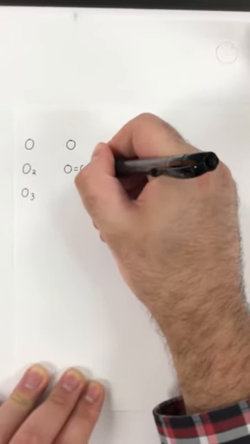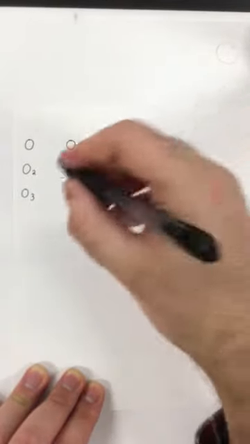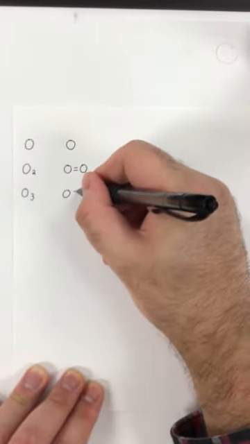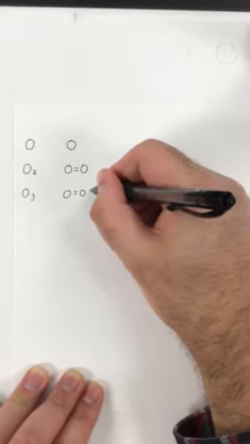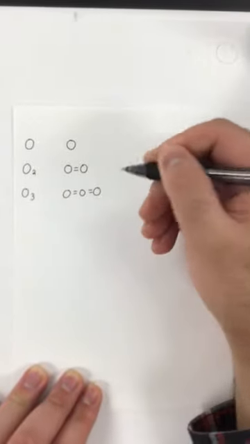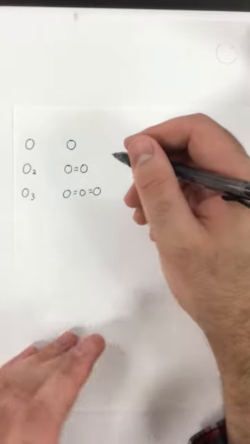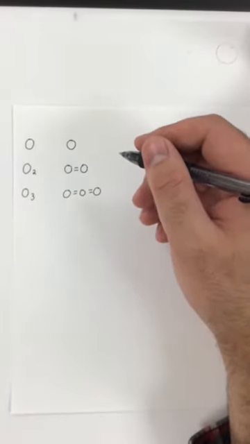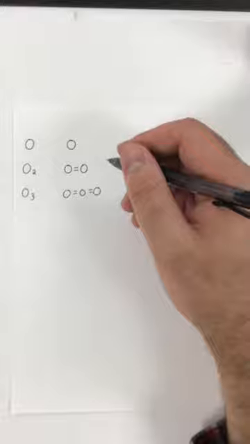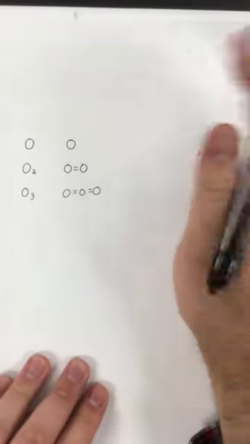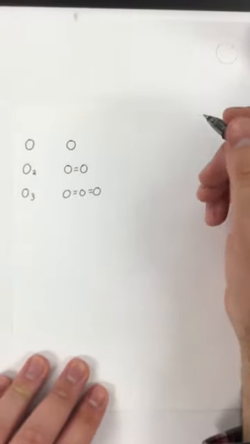Diatomic oxygen is the most common form that has 2 bonds. And ozone is 3 oxygen atoms. Now, in real chemistry, oxygen is diatomic, so you don't really find it in its own natural single form, but that's a separate thing. That's for your chemistry class.